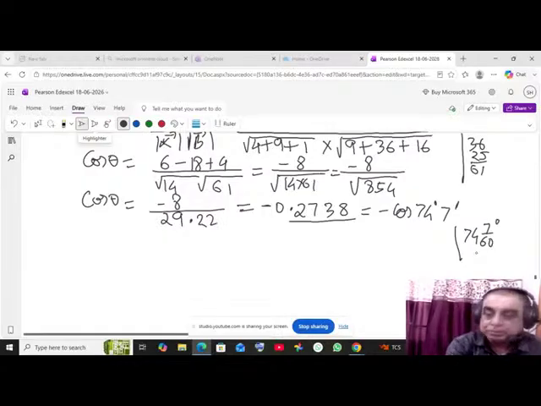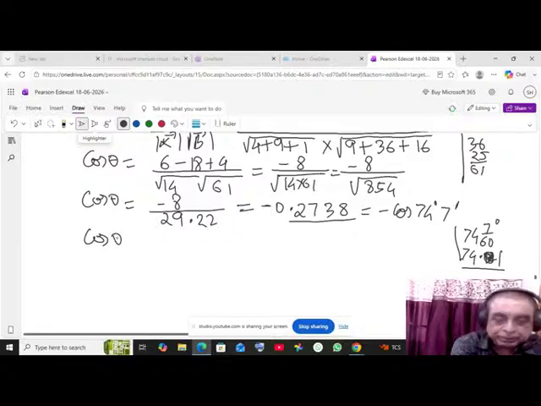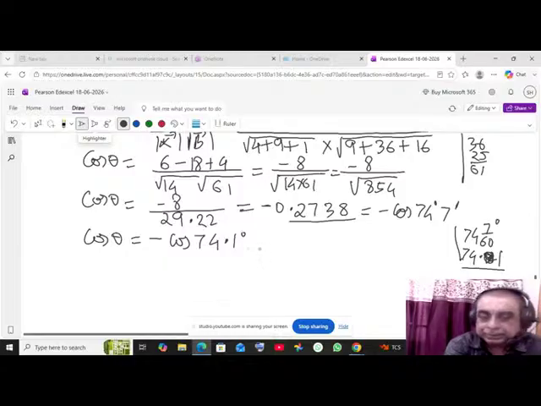About 0.12, but rounded up to the first place it is 0.1 only. So rounded to the first place, 74.1. So cos theta value is minus cos of 74.1 degrees.